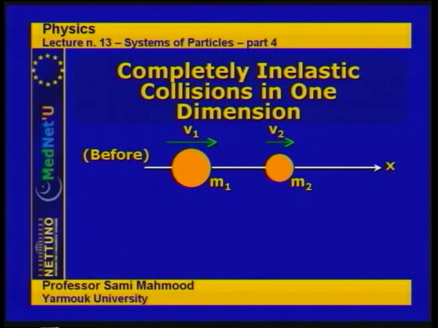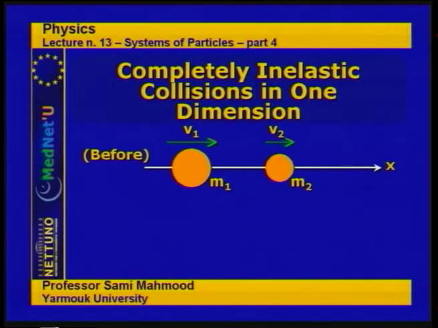So in the problem of a completely inelastic collision in one dimension, we have one object with mass m1 moving along the x-axis with velocity v1, and we have a target object m2 moving along the x-axis also with velocity v2.